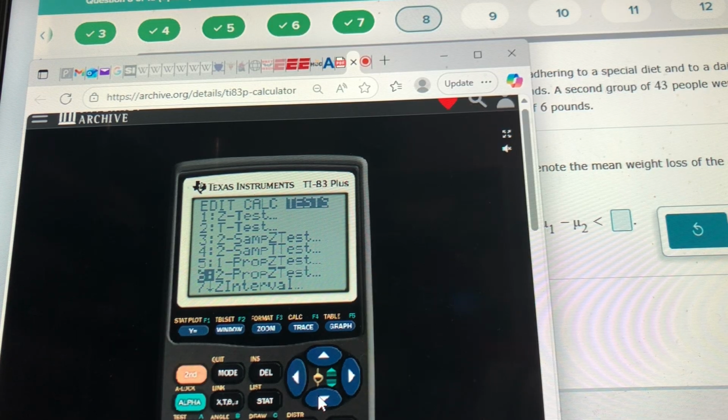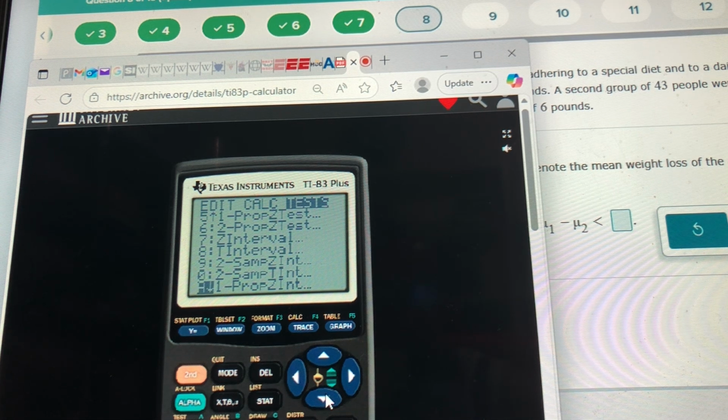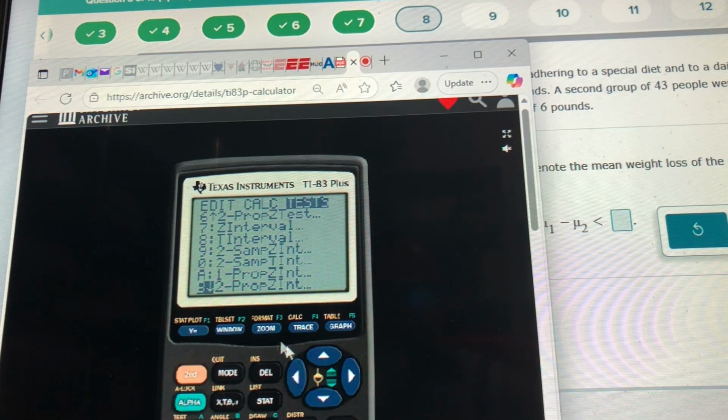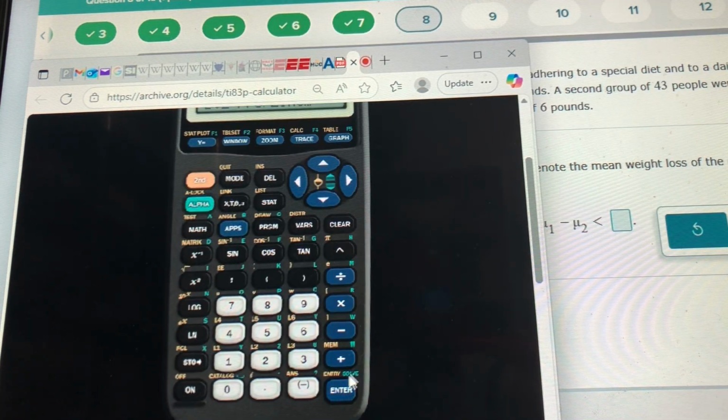We previously learned z-interval, t-interval, and one prop z-interval on our previous unit, our previous test. But we didn't do 2 sample z or 2 sample t or even 2 prop z yet. These are taught now. So this is definitely a 2 sample t interval, t because they said sample standard deviation. So I'm going to choose number 10, the 2 sample t interval.